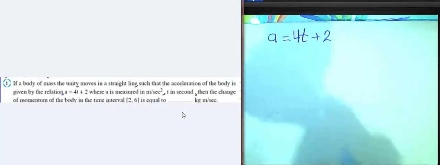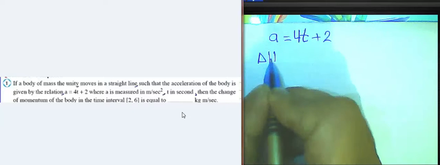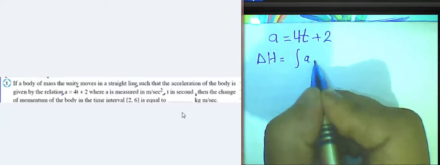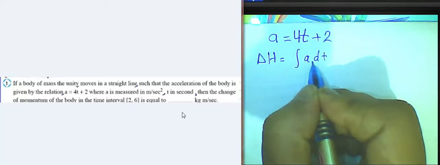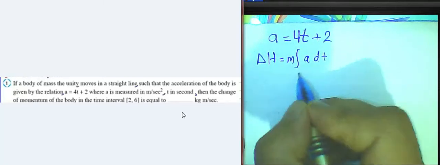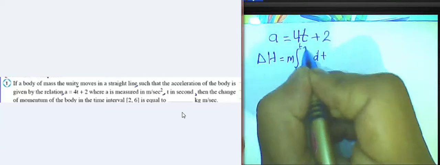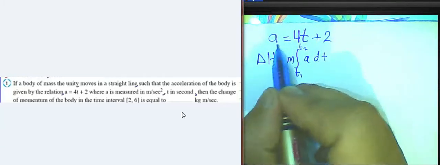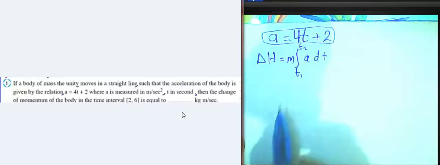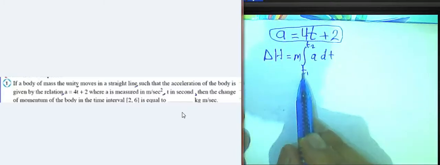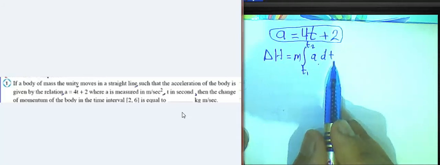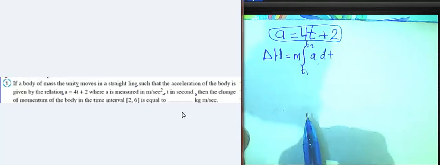We know the momentum over an interval, and since acceleration is a function of t, we write m outside, from t1 to t2. Then the momentum equals m multiplied by the integration of a dt from t1 to t2.